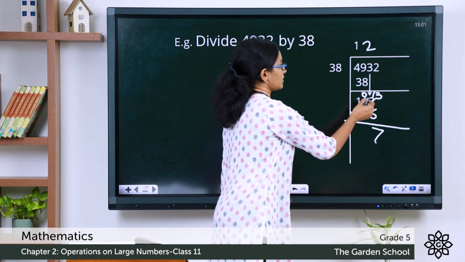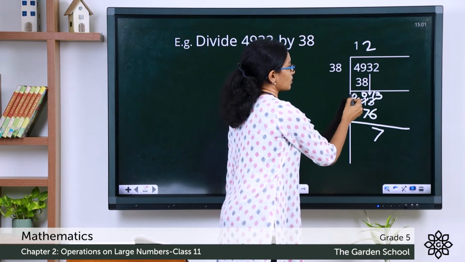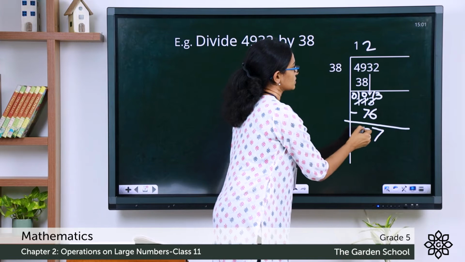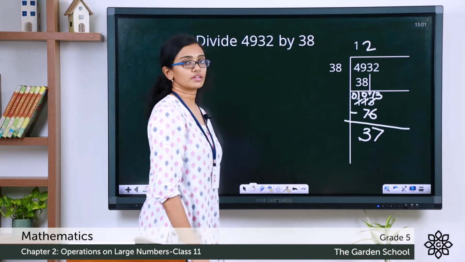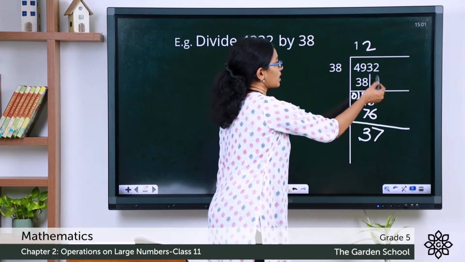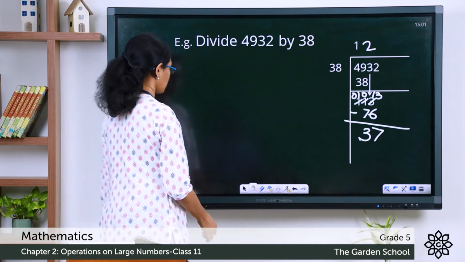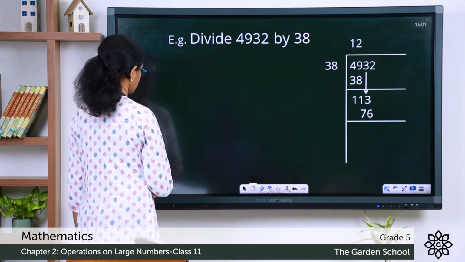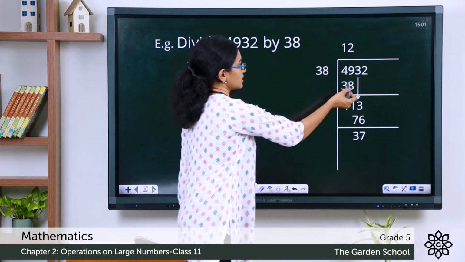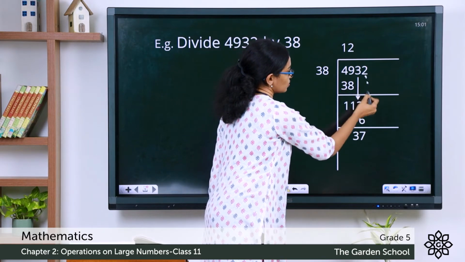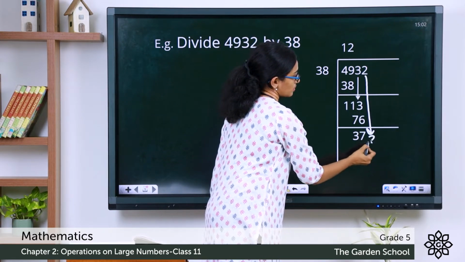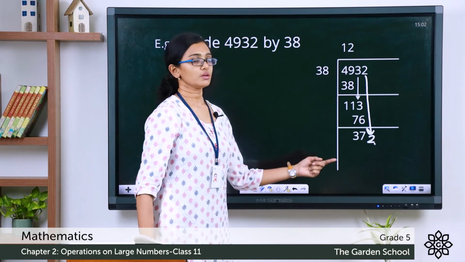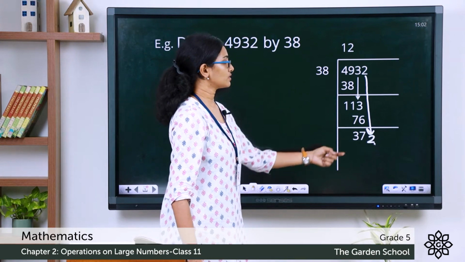Now, we have a 0 here. Again, we borrow. It is 37 here. Now, there is one more digit that has to be brought down. What is it? The digit 2 has to be brought down. So, we are bringing it down. Now, here we have 372.